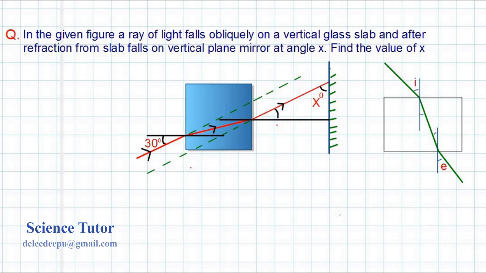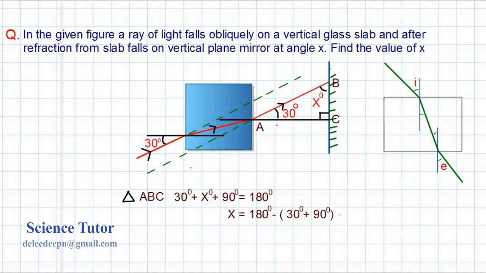This angle is equal to 30 degrees, the same as the incident angle, that's I. This time we got a right angle triangle. This mirror is vertical, 90 degrees, and one angle is 30, another angle is x. We want to find that angle x.